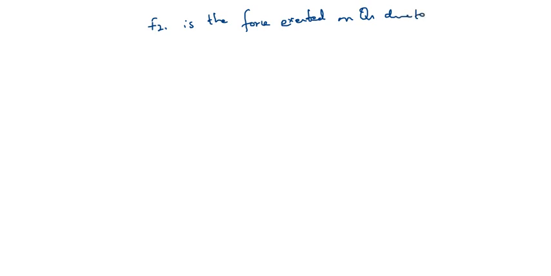There we took the force as F12, and here it is F21, which you can write as the product of two charges Q1 Q2 divided by 4 pi epsilon naught, with R21 square in the denominator, into the unit vector A21.